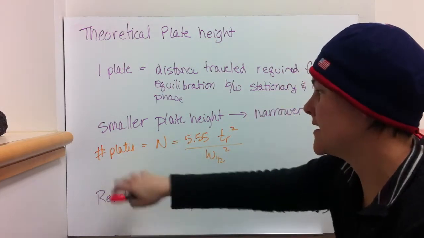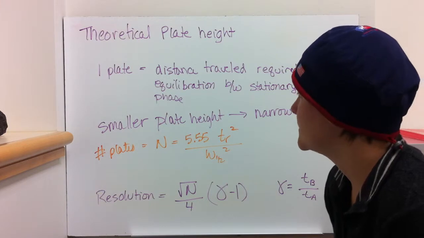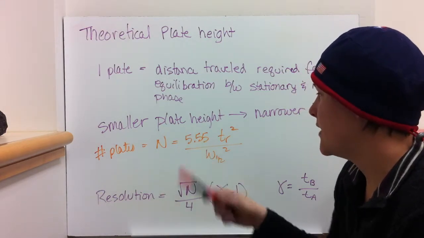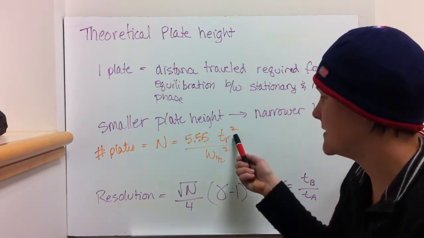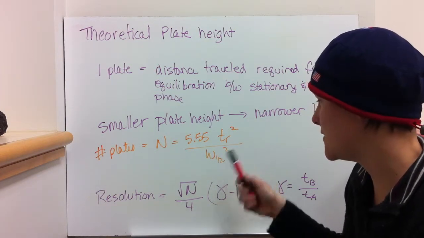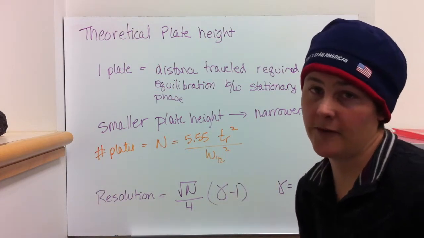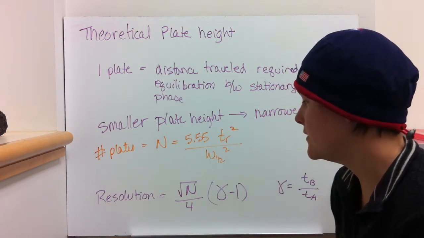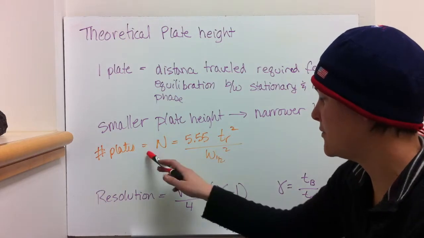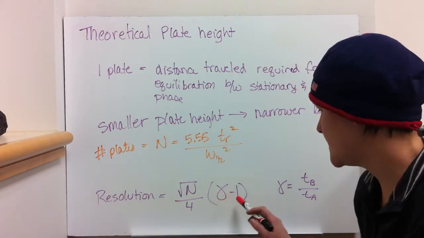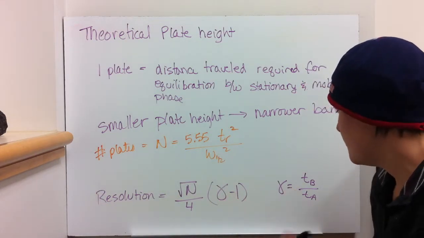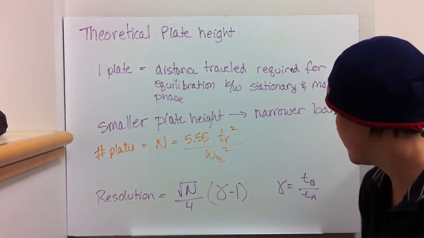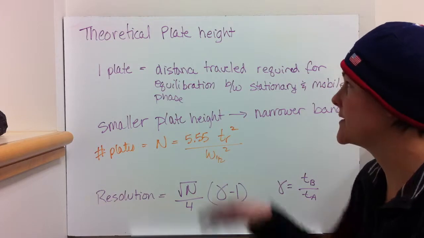Actually, what you calculate is the number of plates. So the number of plates n equals 5.55 times the square of the retention time divided by the full width half max squared. You can also think about that in terms of resolution, which is the square root of the number of plates divided by 4 times gamma minus 1, where gamma is the ratio of 2 retention times.